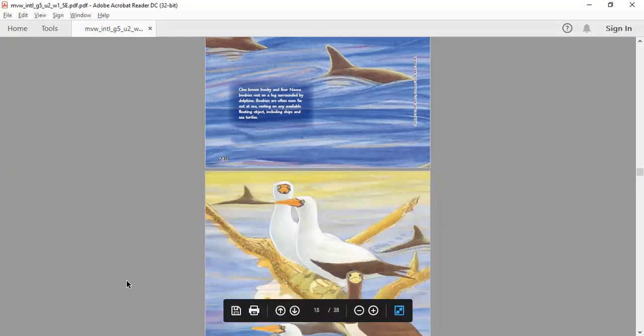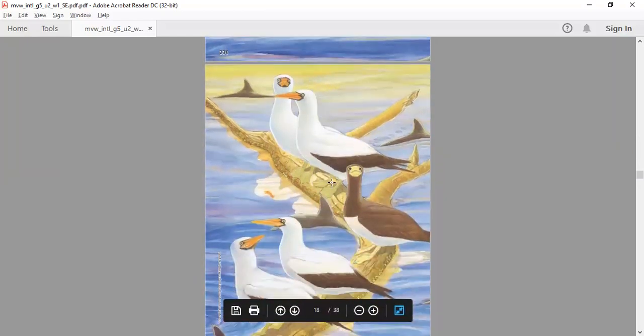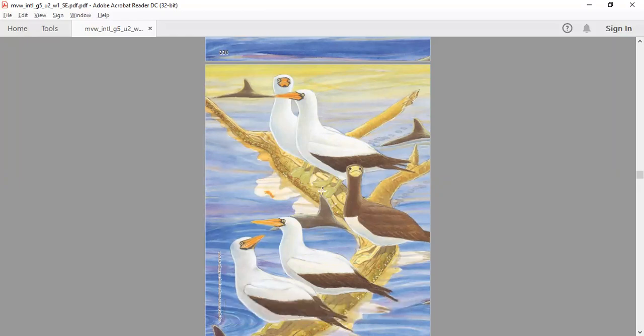Let me get you another evidence from the picture itself. Can you look at their legs? You will find that they are connected, right? Yes. All legs that are connected in birds can swim: geese, ducks, booby birds, whatever.